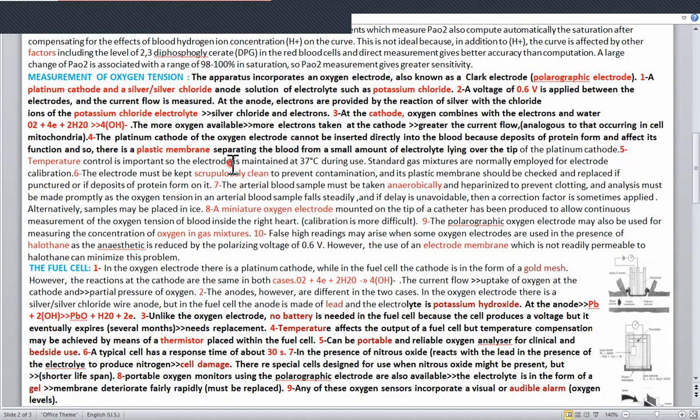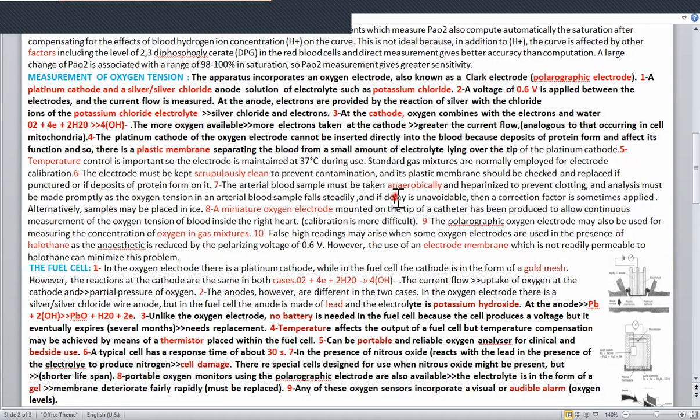The system must be kept at 37 degrees, otherwise compensation must be done. We must clean, of course, as we said, the membrane from the proteins.